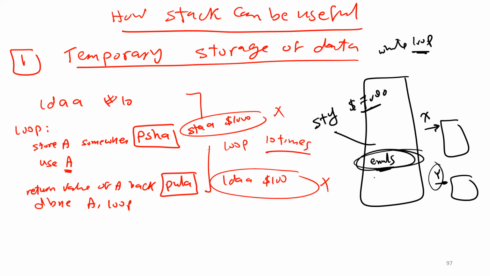Is that okay? And then here you say, load Y from 7,000. Because I need the value at register Y, but still I need register Y to do multiplication. So what I did, I kept this value in a memory location, I used Y, and then I got it back. So that's what we did.